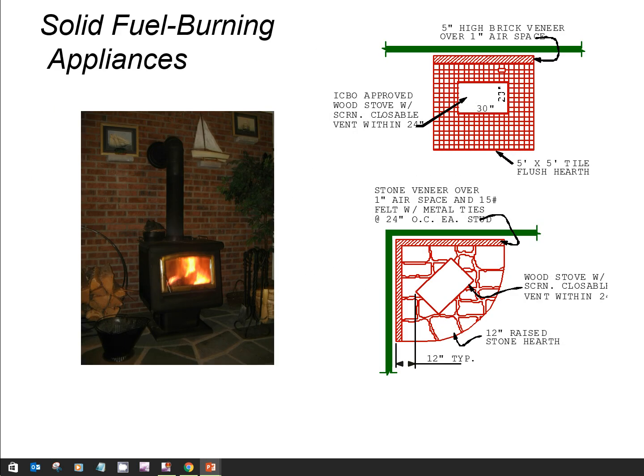Then you've got a wood stove, which of course is pre-manufactured, and they stand out away from the wall typically. It needs a fireproof floor around it and behind it because of the heat generated. And there's very specific criteria that you should follow when designing for these things. They can be wood burning, as this one is.